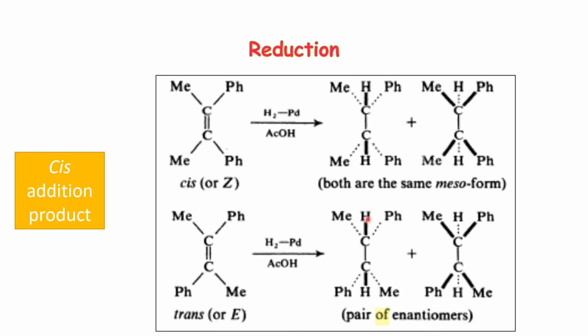So both H are dark here, both H are shown by dotted bonds over here. If you draw a line, no, this is not a meso compound. So it will form pair of enantiomers or diastereomers. So during reduction, you can observe cis gives a meso product. Trans gives pair of isomers.